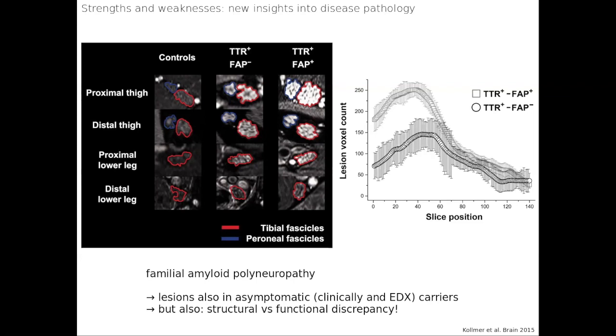What they could show is that the carriers that didn't have any symptoms already had lesions in similar regions as seen in patients with overt disease. So what was quite interesting to see is that you have quite a discrepancy between the structural changes you see in neurography and the function.